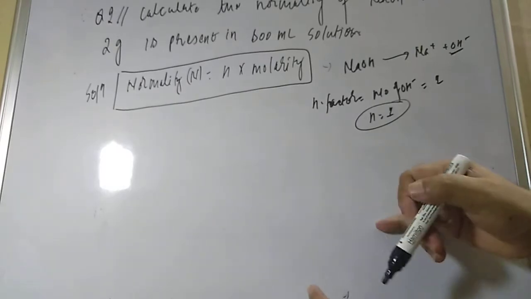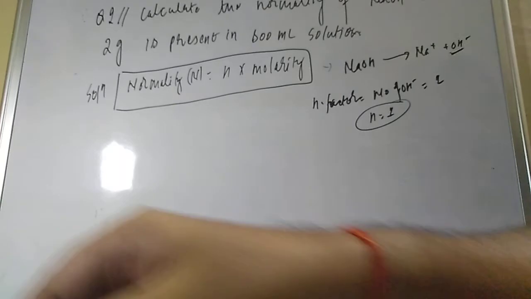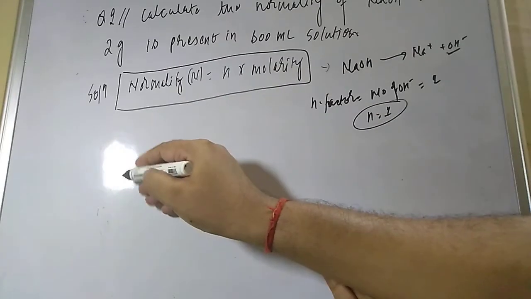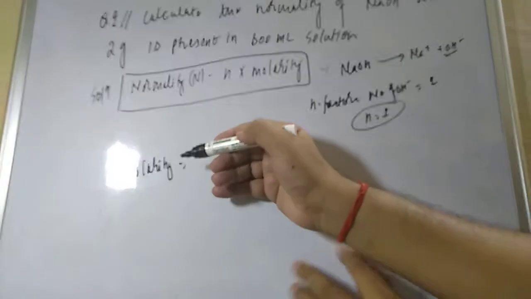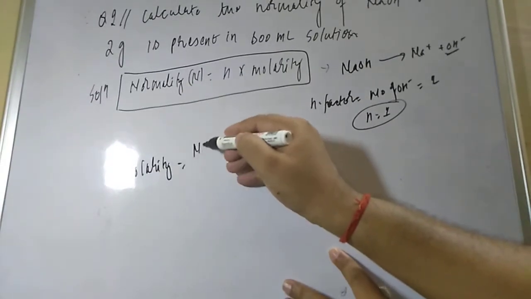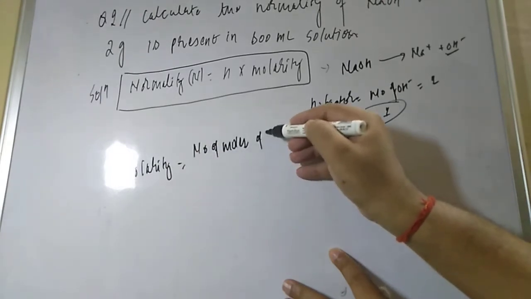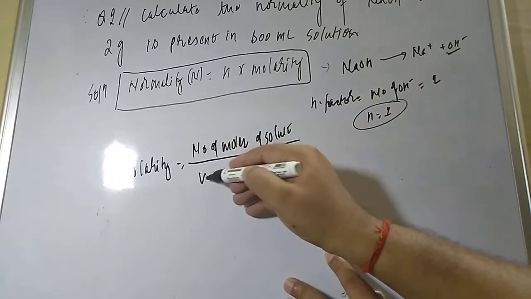Now what value do we need to get? We have to calculate the value of molarity. Molarity means number of moles of solute divided by volume in liter.